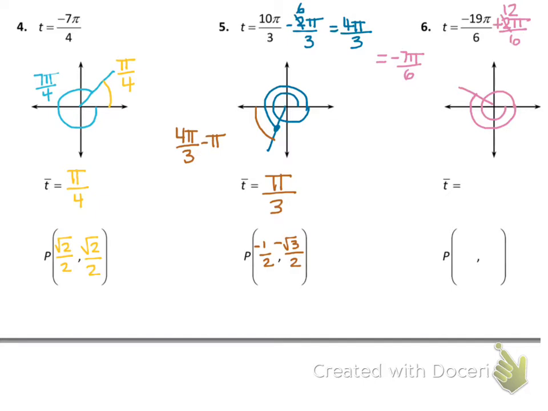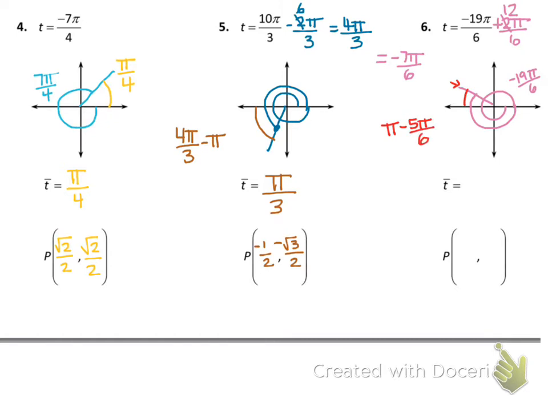Okay, so what's in pink represents negative 19 pi over 6. So to find our reference angle, we do pi minus, now this point though in positive is 5 pi over 6.